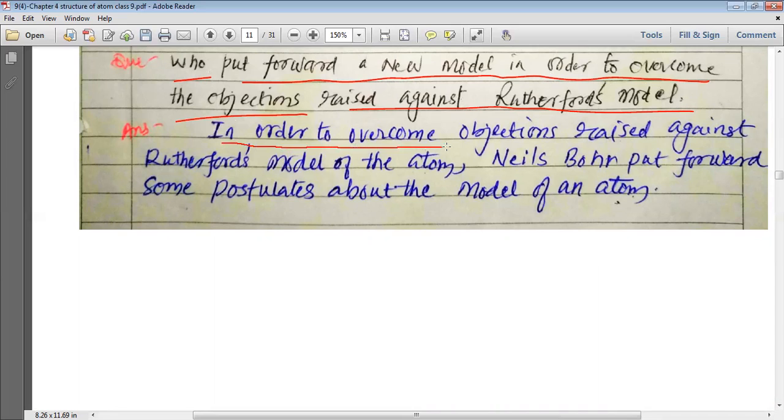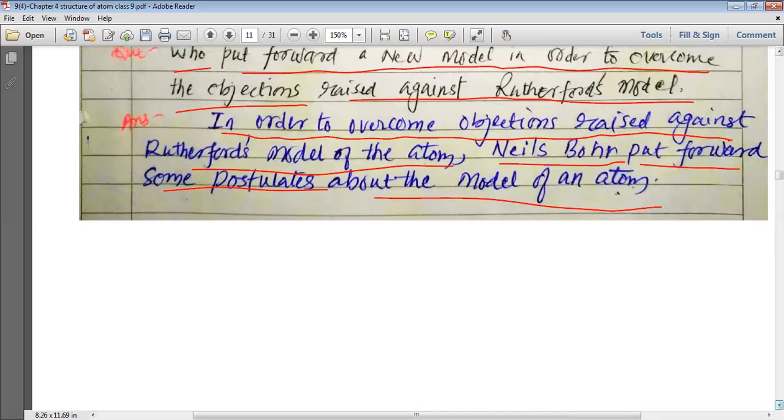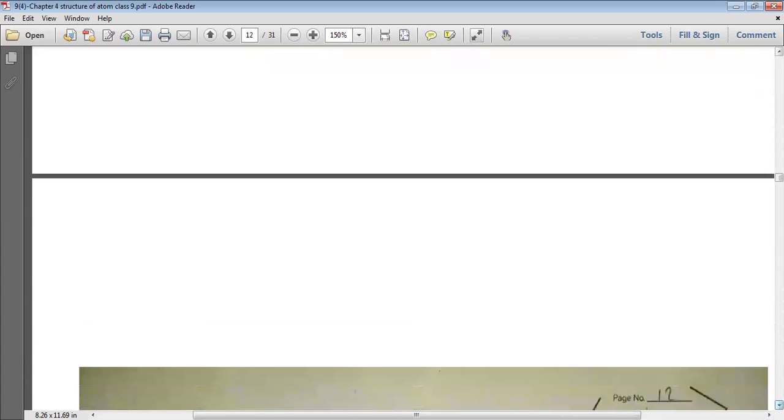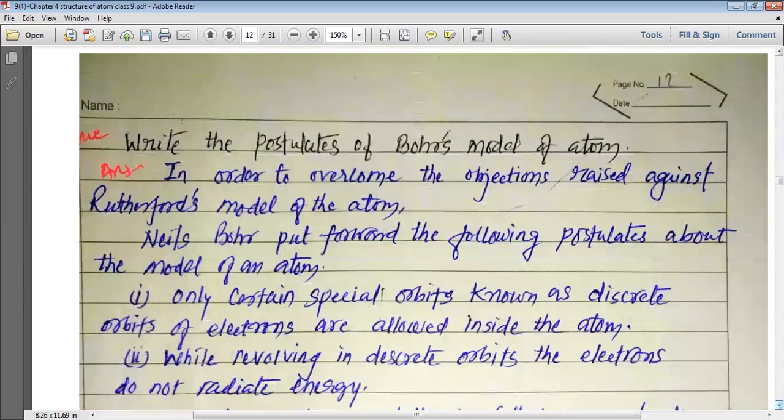In order to overcome the objections raised against Rutherford's model of an atom, Niels Bohr, please remember, Niels Bohr, put forward some postulates about the model of an atom. So the scientist Niels Bohr was there to propose the new model for the atom.